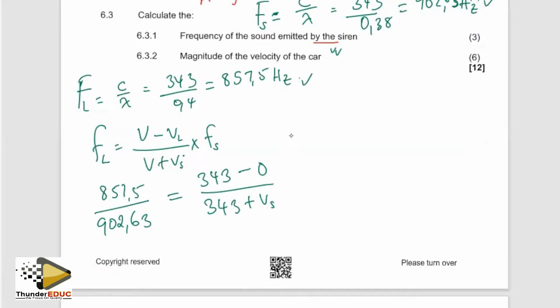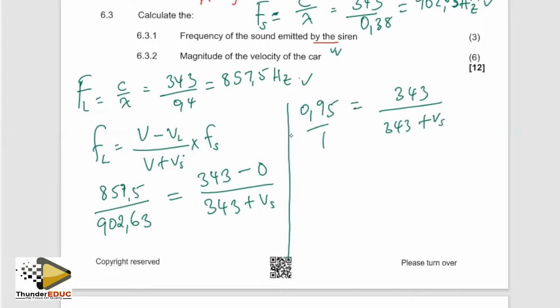On the left-hand side, if I divide 857.5 by 902.63, that gives me 0.95, which is equal to 343 over 343 plus Vs. When I do the cross multiplication, I'm getting 325.85 plus 0.95 Vs should give me 343.